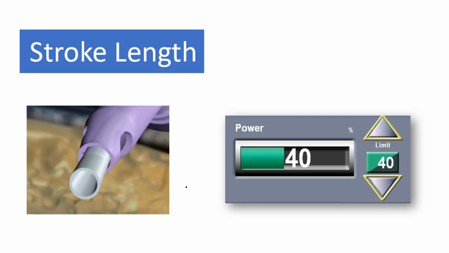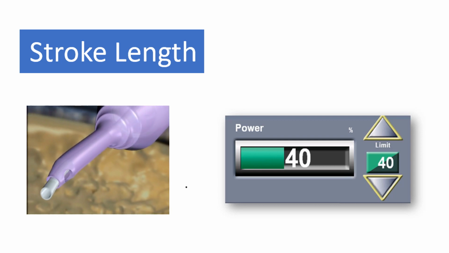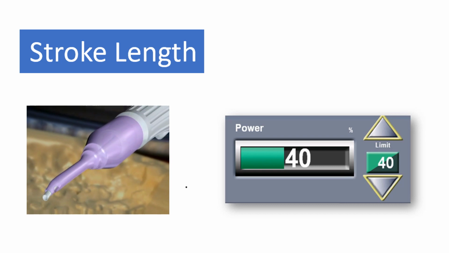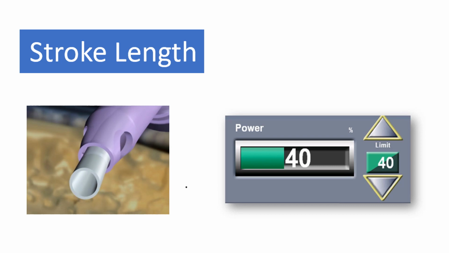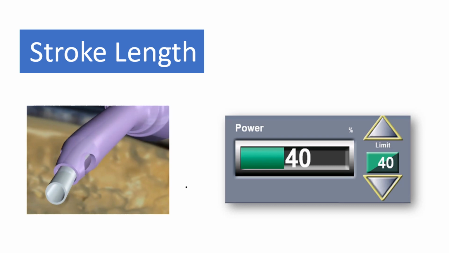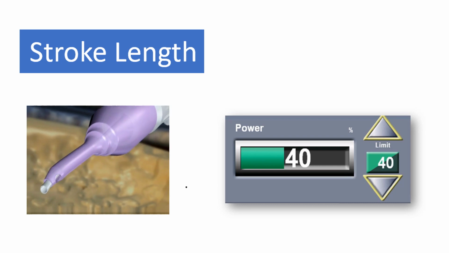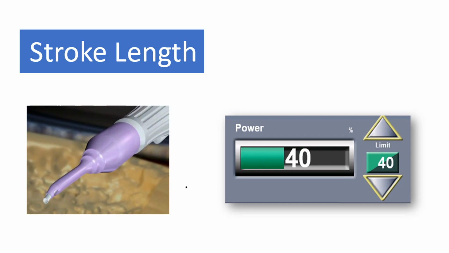So for harder cataracts, you may need more power, and hence you increase the power in the machine display. In the display of the Phaco machine, power is displayed in percentage, and remember that the power is always displayed in percentage and not in absolute terms.